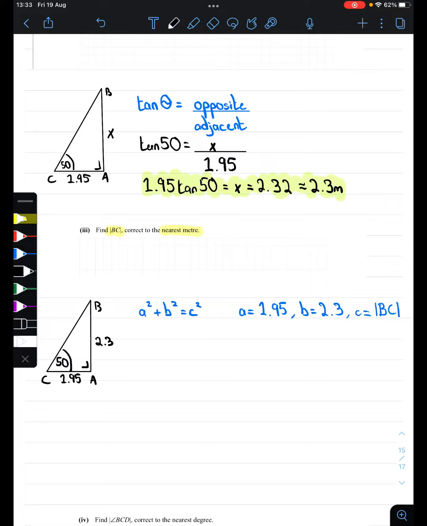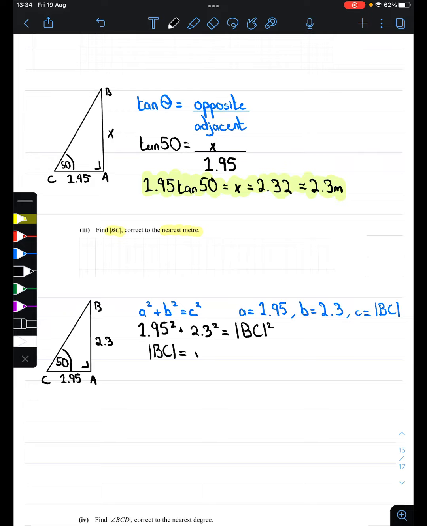Okay, so 1.95 squared plus 2.3 squared equals BC squared. And then we can just solve for BC.